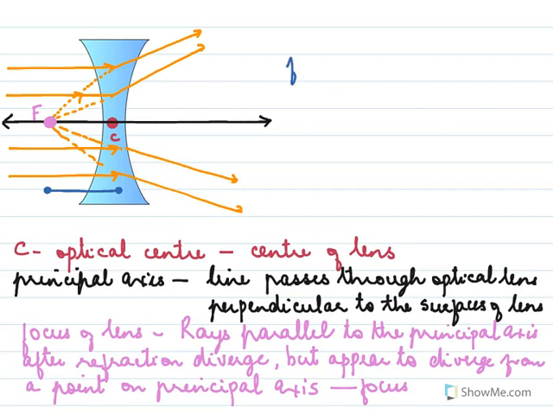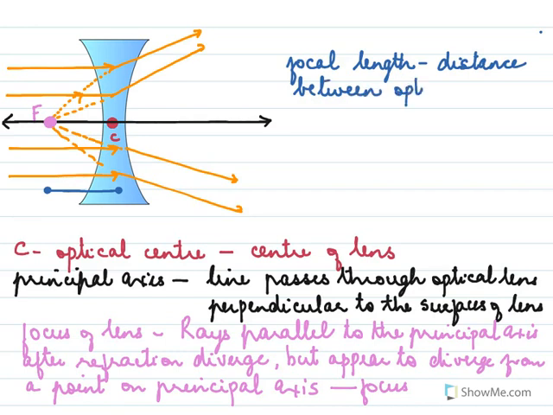So if I want to define focal length, it is the distance between the optical center and the focus of the lens. So this distance between the optical center and the focus is called the focal length of the lens.